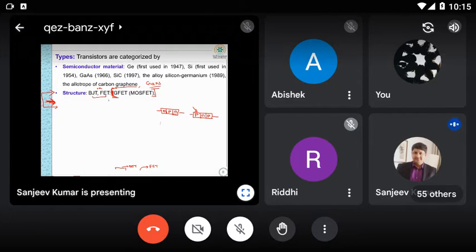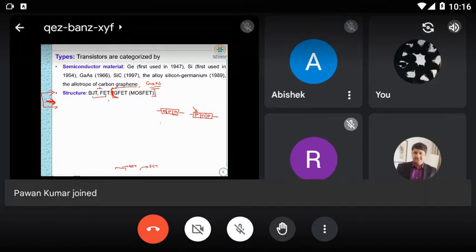Structure point of view means how you are putting the semiconductor and using it as three different terminals; based upon that you can categorize.